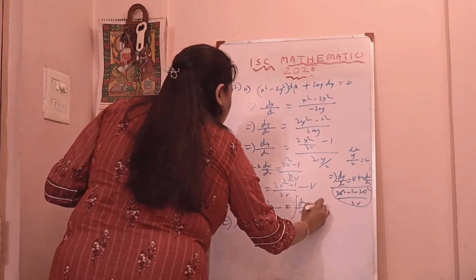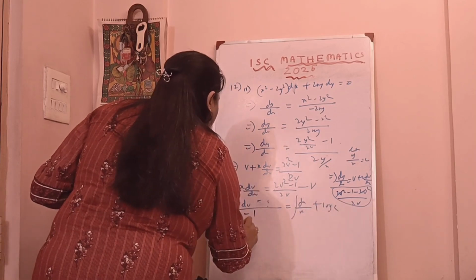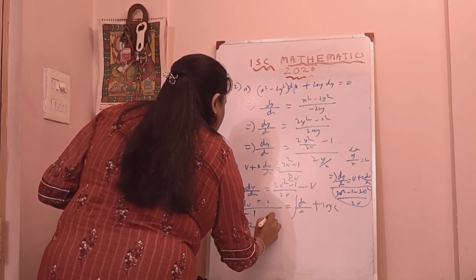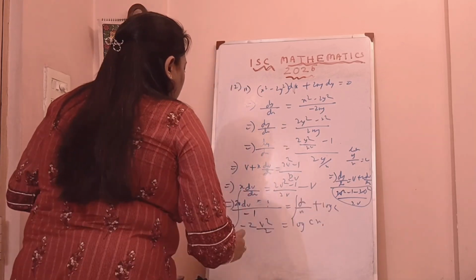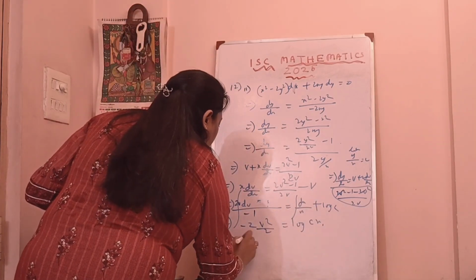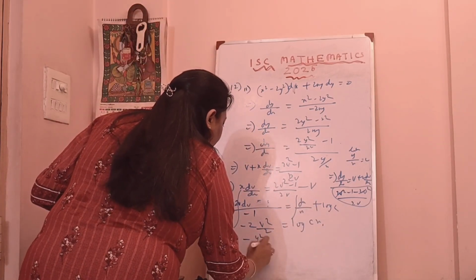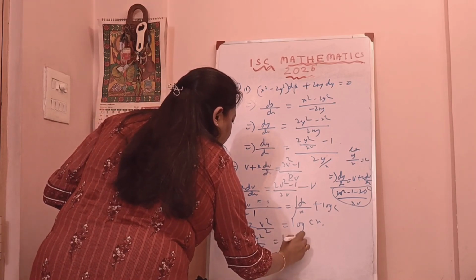Now take the integral on both sides: v² = −log cx. Now v equals y/x, so putting the value, y²/x² = −log cx.